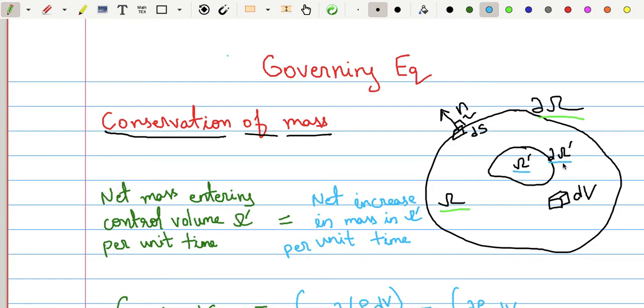Now, why am I showing these two regions? The domain omega corresponds to the actual region of interest.